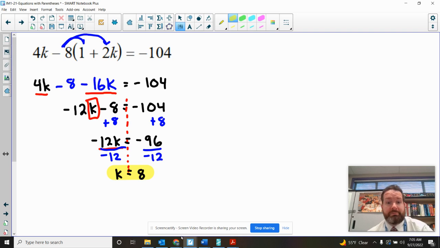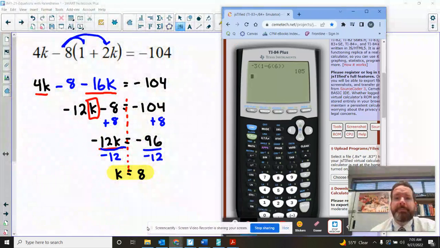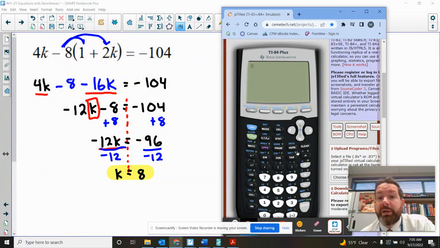We're going to check it though. Out comes my calculator. Now this is going to look a little messy with a lot of parentheses, but they all matter. So we're just going to type in the left-hand side of this equation, just like it looks, except where you see the letter k, you're going to put an 8 in parentheses. So for k minus 8 times 1 plus 2k, and then one more parenthesis to close that off.